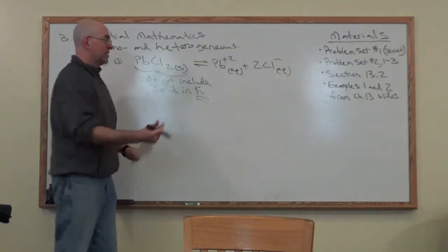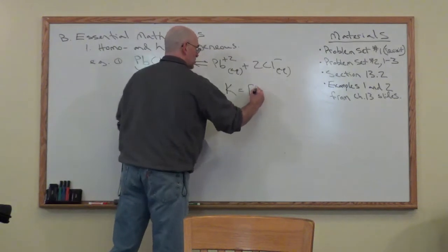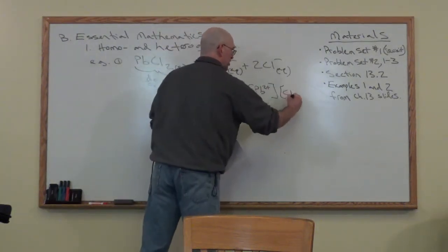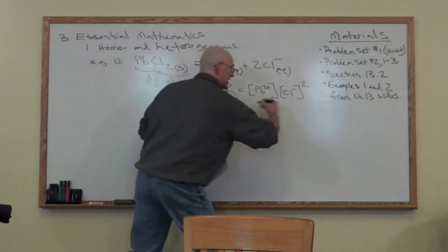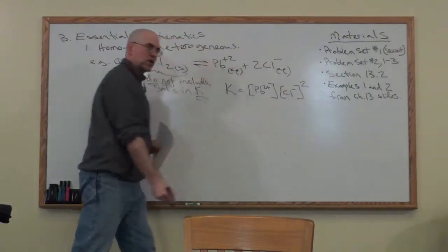Don't do it. So in this case, the K expression is really easy. K equals the concentration of lead times the concentration of chloride ions squared. There is actually no denominator. If you want to call it 1, go ahead and do that.